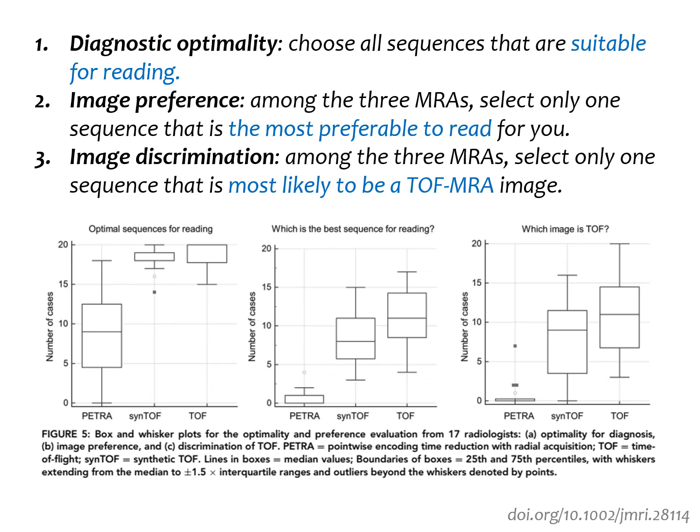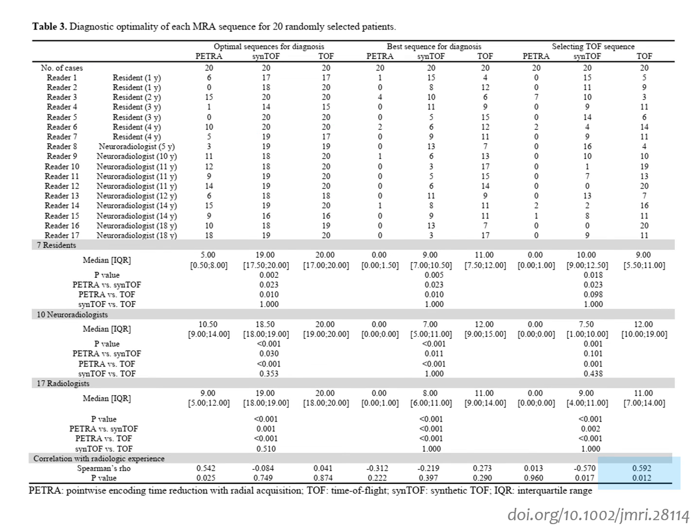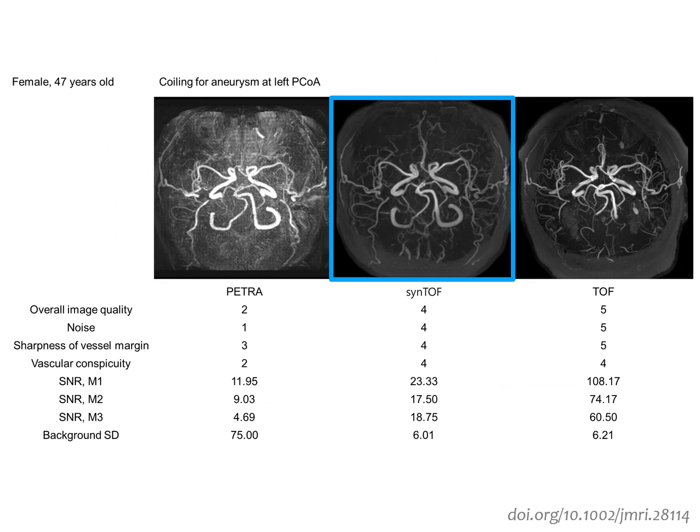In the multi-observer image quality assessment, there was no significant difference in the question for the diagnostic optimality and image preference between the synthetic TOF and real TOF. Also, for the question to choose the real TOF, the readers could not differentiate the synthetic TOF from the real TOF, although there was a positive correlation between the radiologic experience and the ability to choose the real TOF.